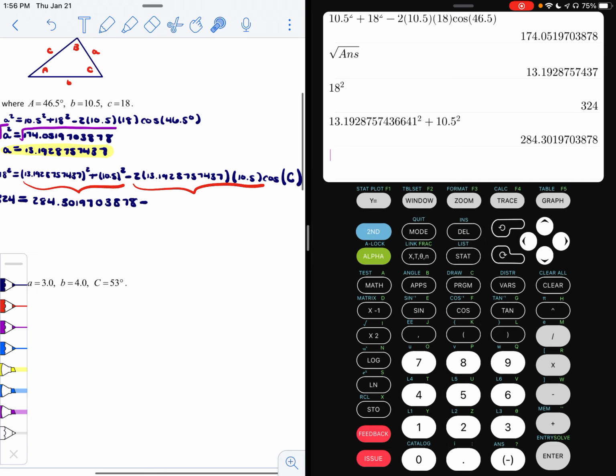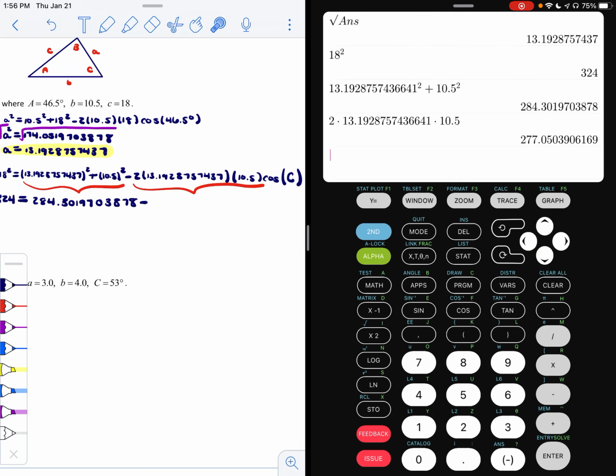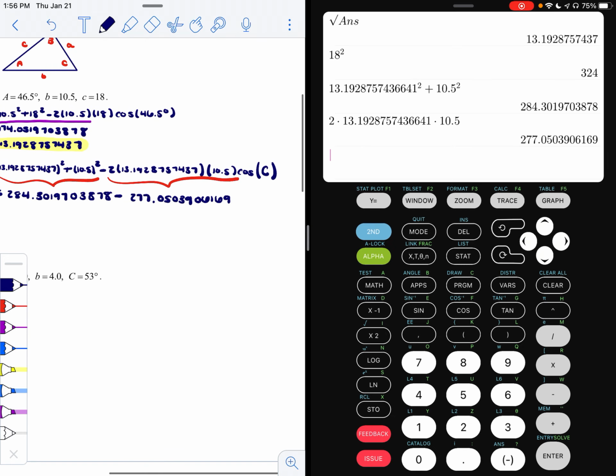And then I'm going to plug this chunk in. So 2 times, again, that 13.19 number times 10.5. That gives me 277.050390669 cosine of angle C.